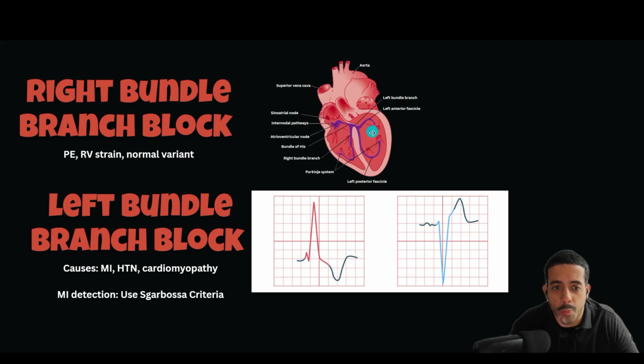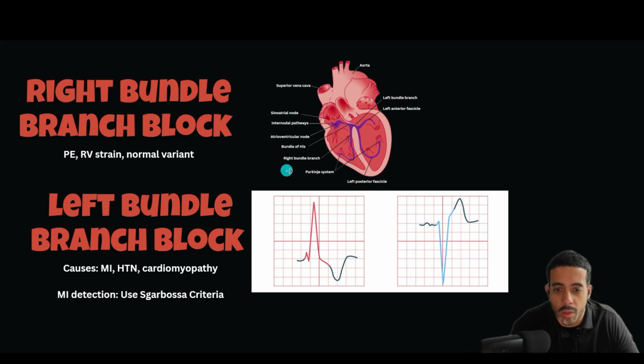So if you remember this picture, notice that earlier I mentioned the left bundle branch block, or better yet, the left bundle branch. I'm so used to saying it all together that it kind of flows off the tongue. But look at where the left bundle is located, and then look at where the right bundle is located. That'll help you understand why things may be going on.